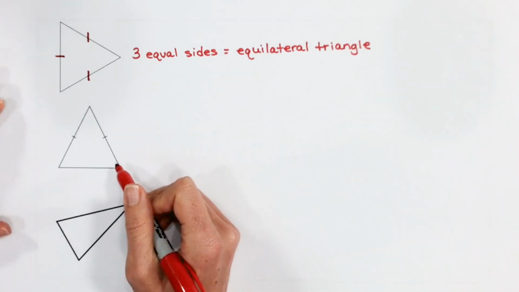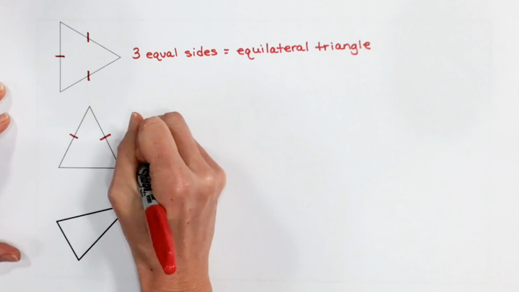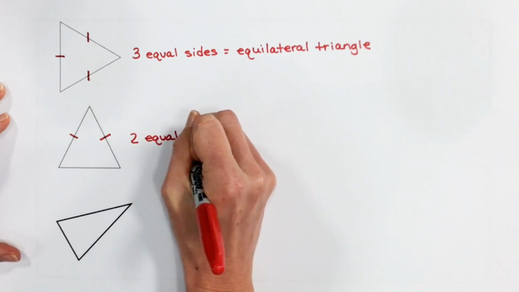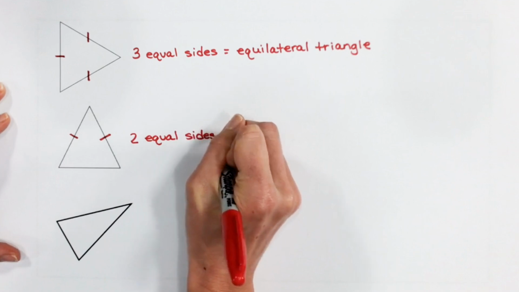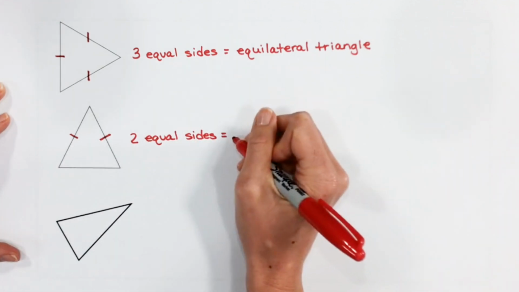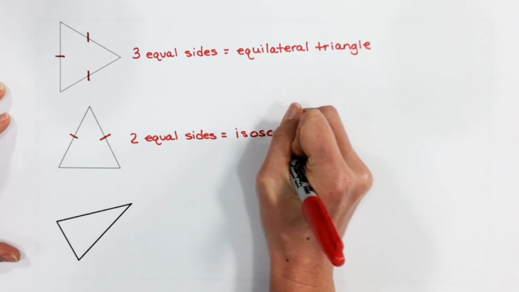Next, this triangle has 2 sides of equal length. So we have 2 equal sides. So we can go ahead and describe this triangle as an isosceles triangle.